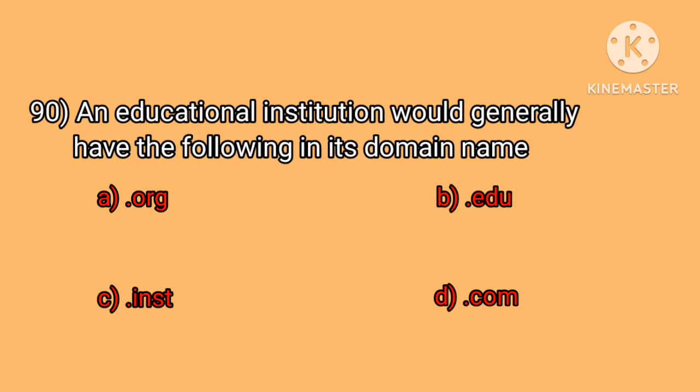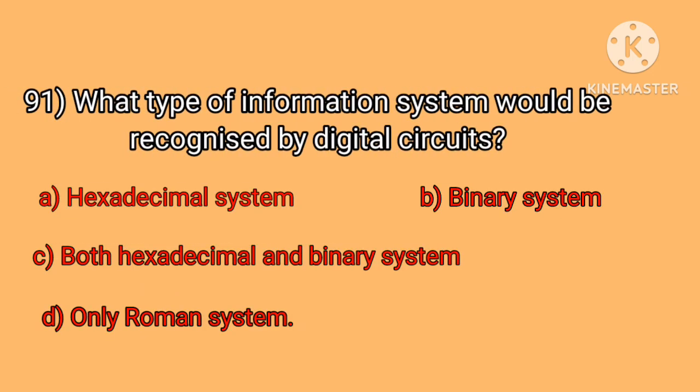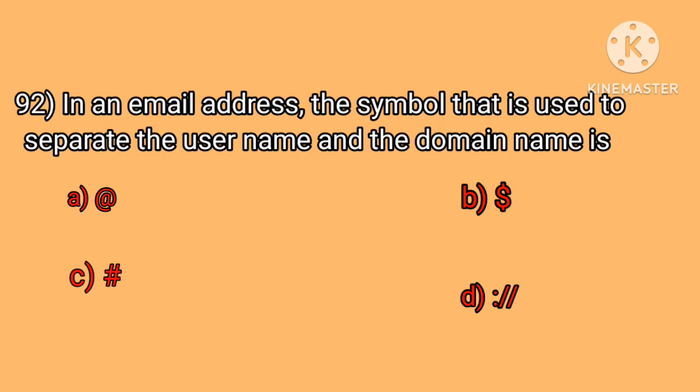An educational institution would generally have the following in its domain name: .edu means B option is correct. What type of information system would be recognized by digital circuits? Binary system.